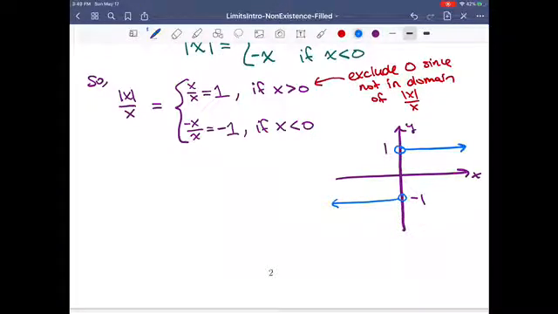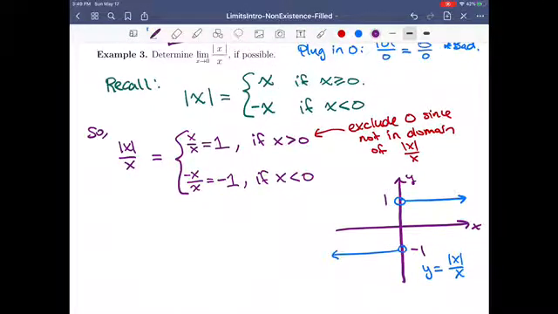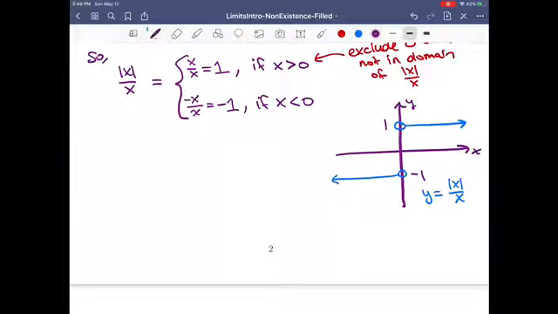So this is the graph of absolute value x over x. Now this will help us find the limit as we go to 0. Maybe you can already tell what it is, but let's do the left and right hand limits, because we've now written our function as a piecewise function, and 0 is where it splits.